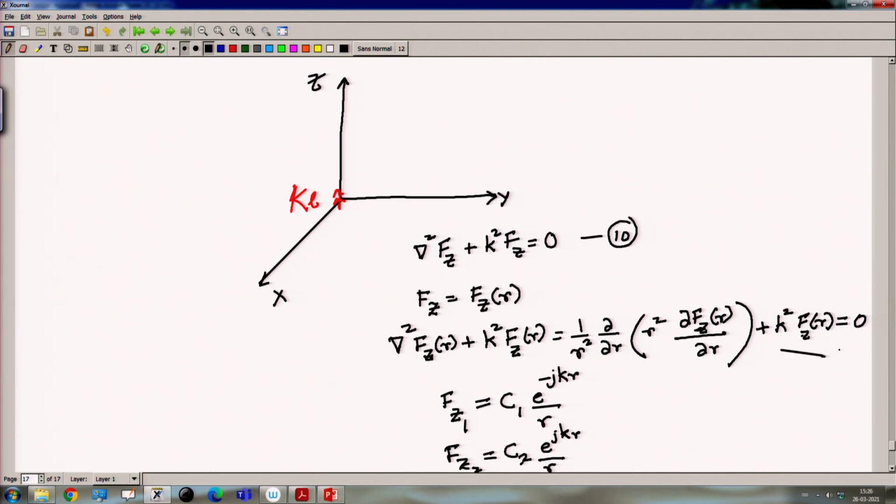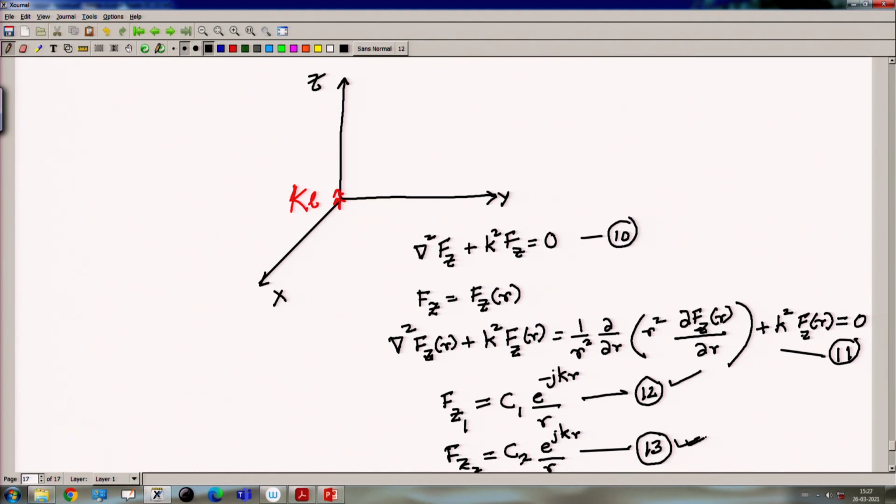We call this equation 11, we call this equation 12, and we call this equation 13. So, this is the equation of a forward going wave or an outward going wave. This is the equation of an outward travelling wave, while this is the equation for an inward travelling wave.